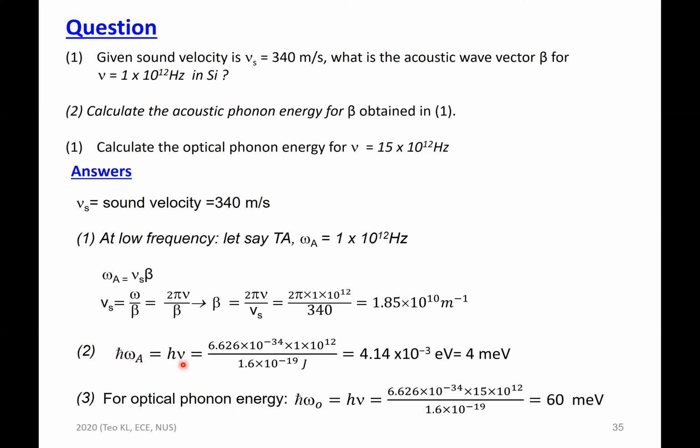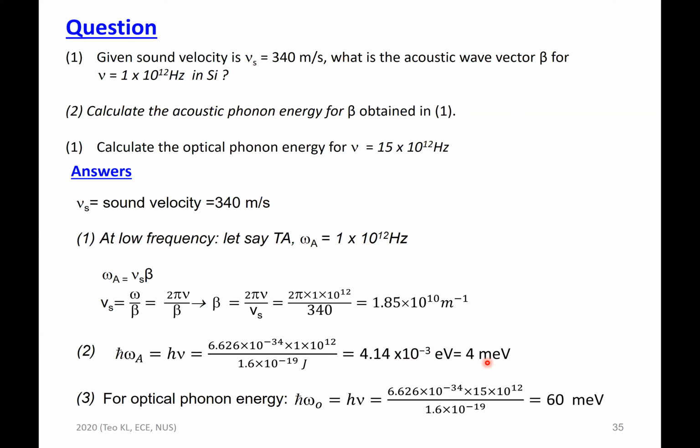You're left with h mu. h is the Planck constant, 6.26 times 10 to the power minus 34, times the frequency, which is this one, and then divide by 1.6 times 10 to the power minus 19, because I want to convert this into eV. So I get 4.14 times 10 to the power minus 3 eV, which is about 4 meV. So you can see that the acoustic phonon energy is very small.